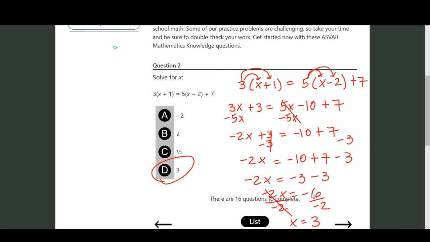In case you're wondering why negative 6 divided by negative 2 is positive, that's because of the signs chart. Let me go ahead and write that in case you haven't seen it in a while. And the signs chart, as I'm going to point out in just a minute, is applicable to both multiplication as well as division.